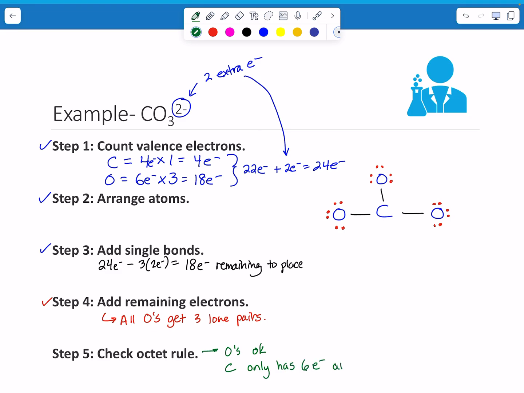So how do we deal with this situation? Put a double bond on there for one of the oxygens. Yep, we're going to put a double bond on. So I'm going to take this one and move it there. We need 1 double bond.